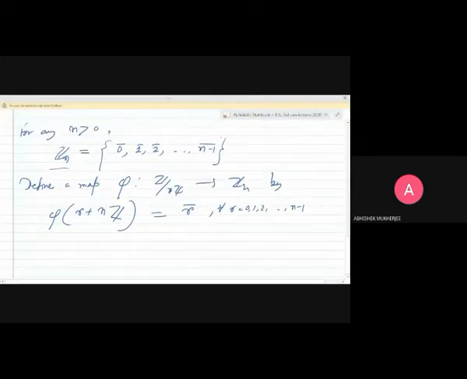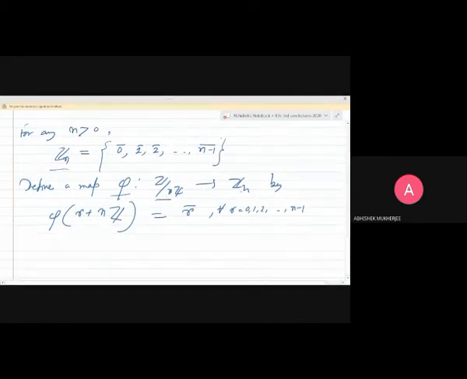Later you will see that with respect to this correspondence phi, these two groups are actually the same.